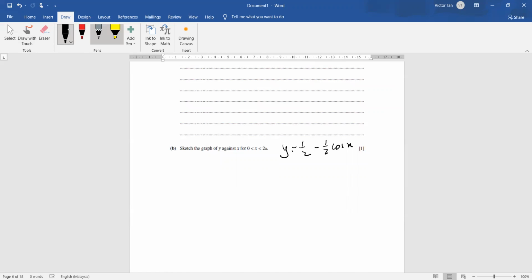So what I'm going to do is draw it first. So the amplitude of this graph is half, so it is moving up by half.